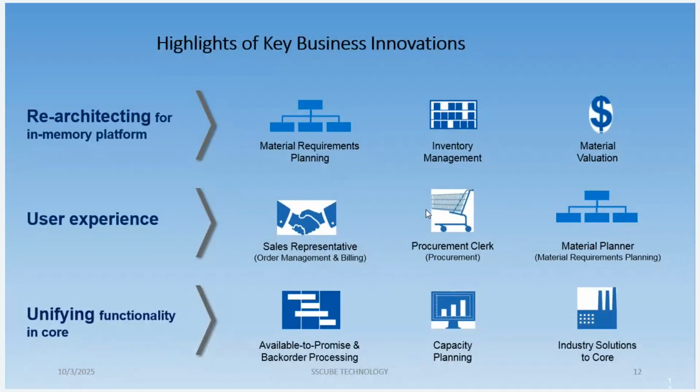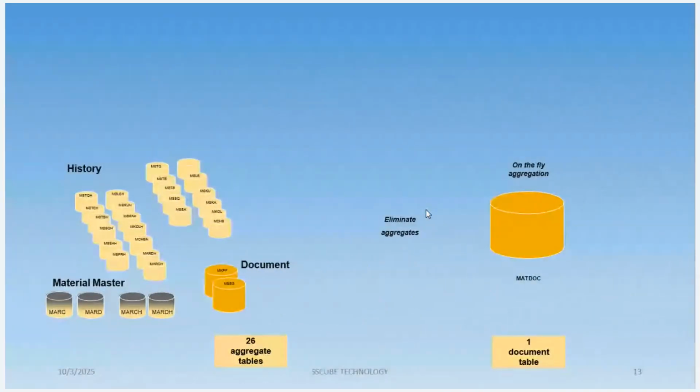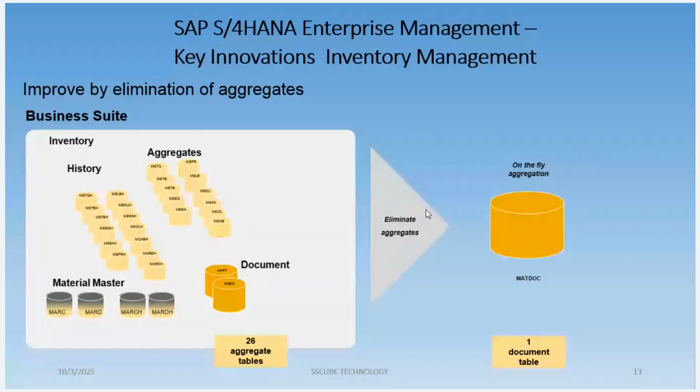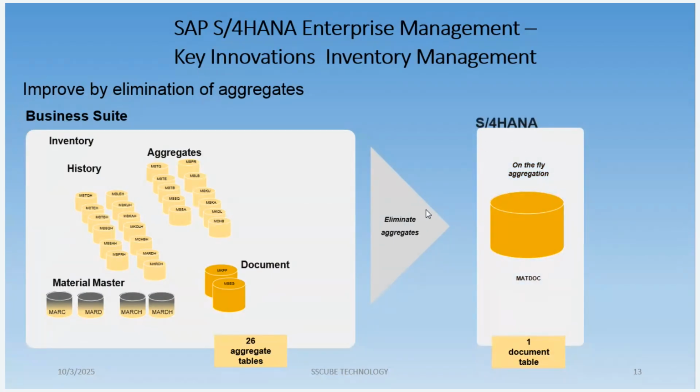Now, there are some innovations that have been made. You will also learn the difference between SAP Business Suite, that means ECC, and S4 HANA. In the Business Suite, we used to maintain this many tables. You can see here 26 aggregate tables, which means all the data are available in different tables: master data tables, transaction data tables. Whereas in S4 HANA, we have only one table.